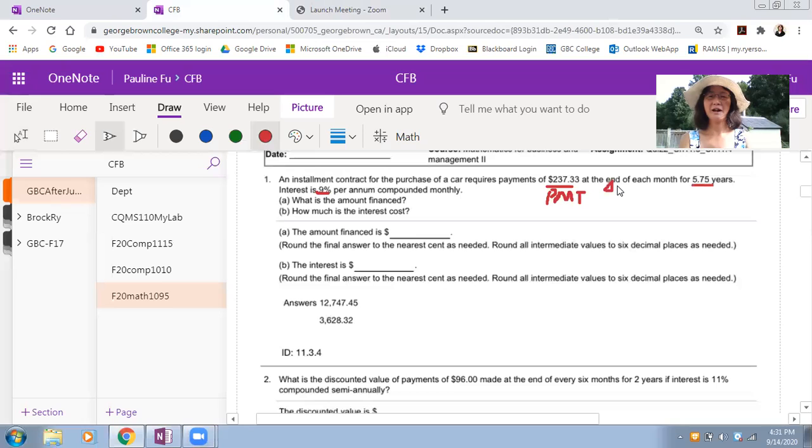The keyword "end" means this is an ordinary annuity. And you make a payment every month. So 1 year has 12 months, so in 1 year you make 12 payments. PY equals 12.